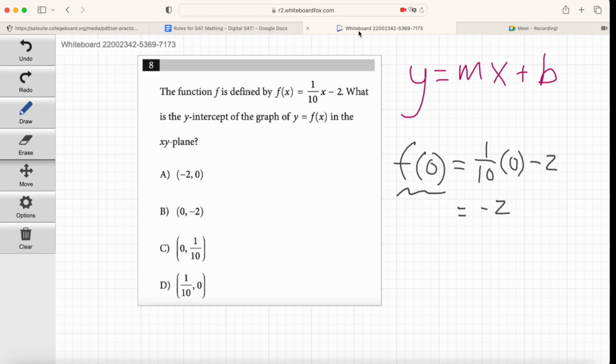And what's the right answer here? B. It's got to be B, and it is. Just by plugging in a 0 for x. If you know that the x value is 0 at the y-intercept, that should eliminate answer choice A. Then you're left with just C and D, but then just plug that 0 into the function and find out what your y value is when x is 0. And it gives the answer choice B.